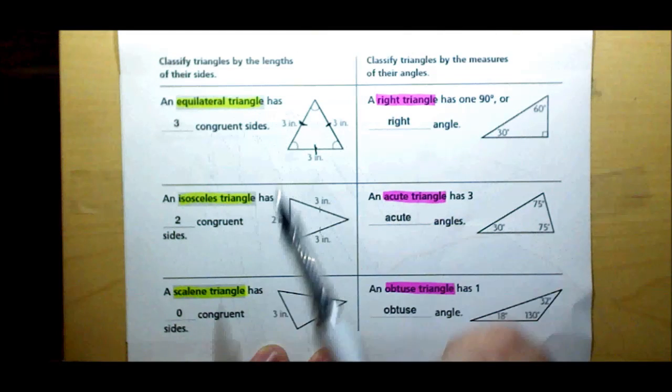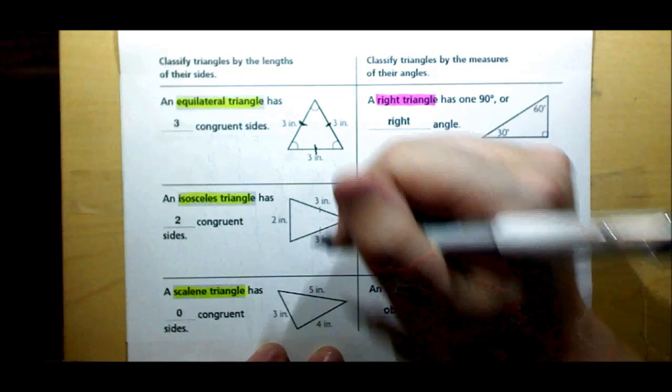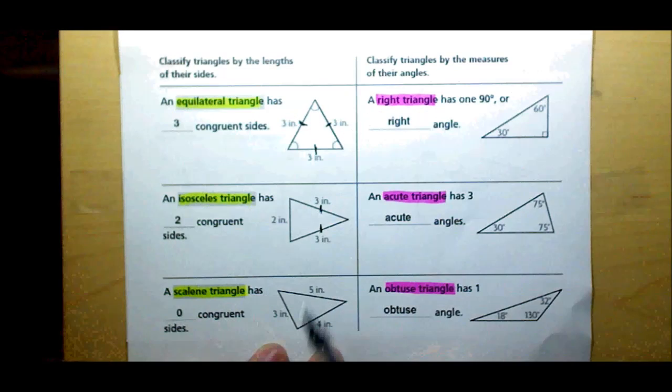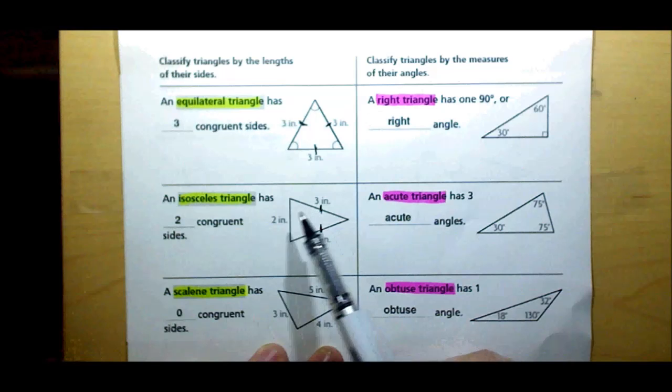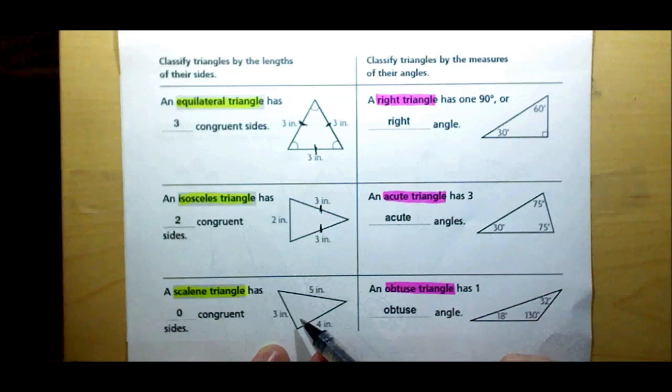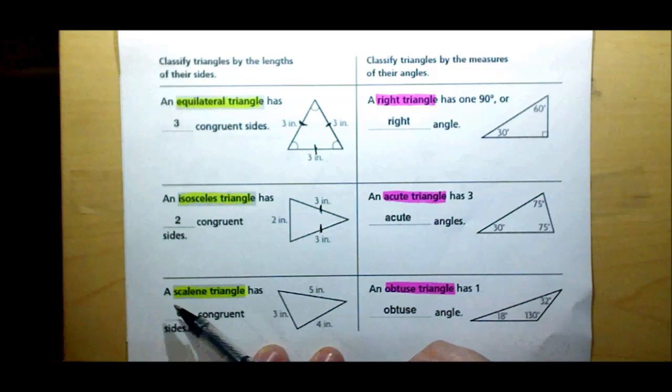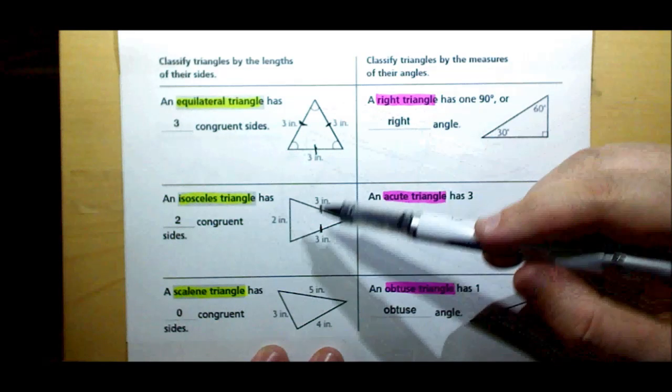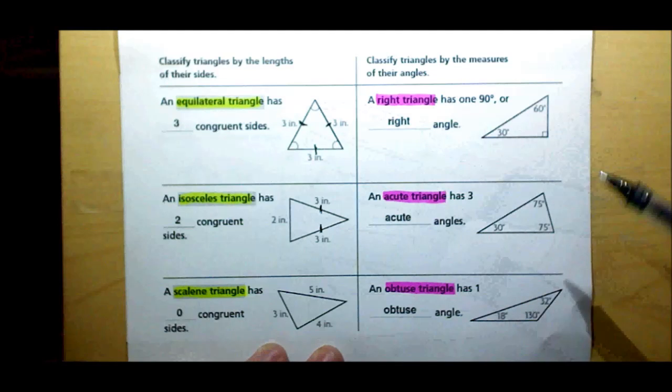That's an equilateral triangle. When a triangle has just two sides that are the same and the third is not, that is called an isosceles triangle. Everything else, triangles that don't have any sides that are the same, are called scalene triangles. Every triangle is either equilateral, isosceles, or scalene.